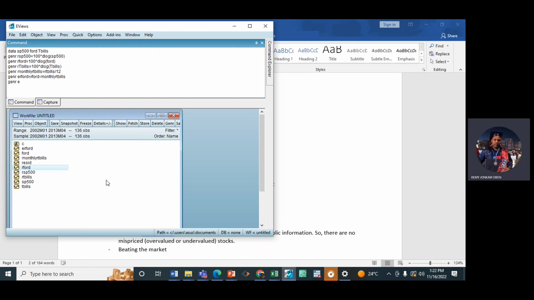It was return S&P 500. So expected return SP 500 should be equal to return SP 500 minus monthly return T-bills.